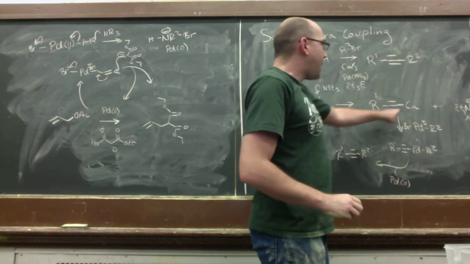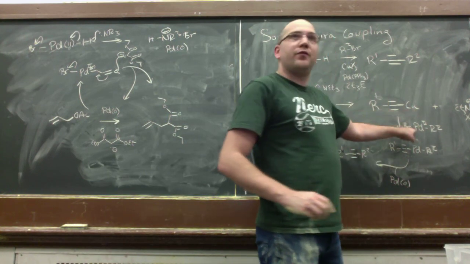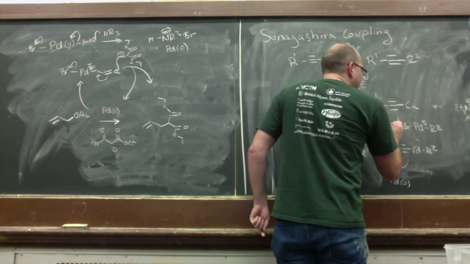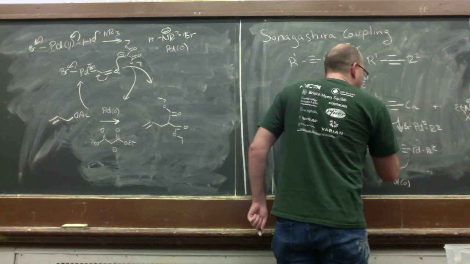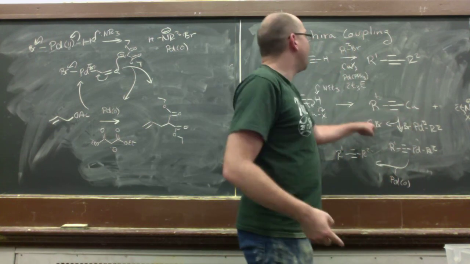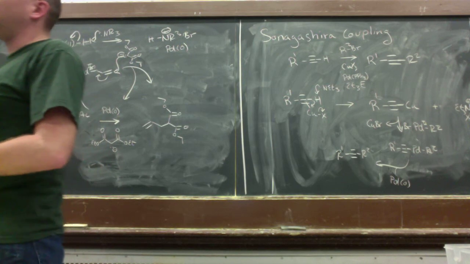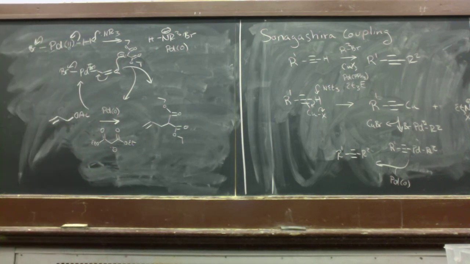Now the byproduct of this is, if you just look at the elements that are in here, what you're going to get to is copper bromide again, because you've got the copper and the bromide. So in fact, you can use copper catalytically, you can use the palladium catalytically, and you can effectively get this alkyne alkyl halide cross coupling to take place. Okay?